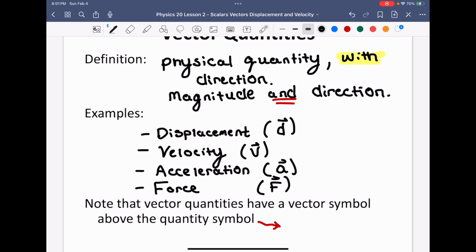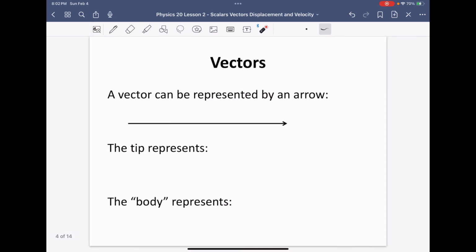Everything that has this symbol, almost like a backwards arrow, or a half arrow, we consider to be our vector symbol for these vector quantities. So just be looking out for that, because that is a sharp distinction: anytime we're dealing with vector quantities, we want to make sure we have this symbol above whatever given variable.